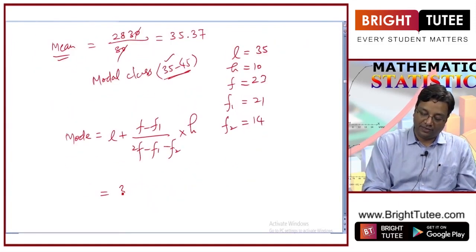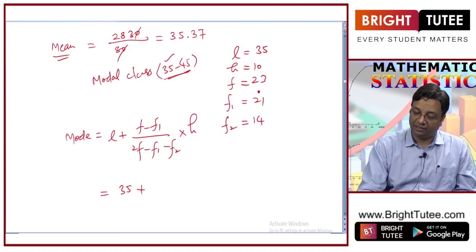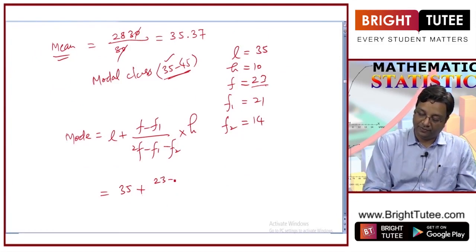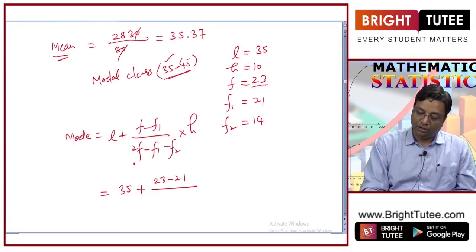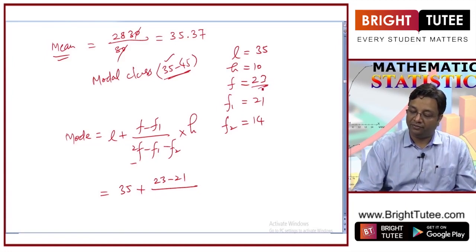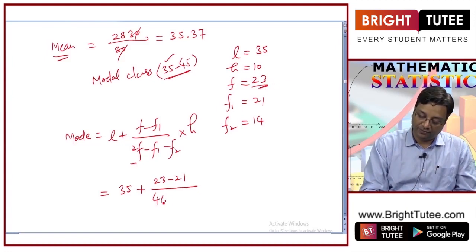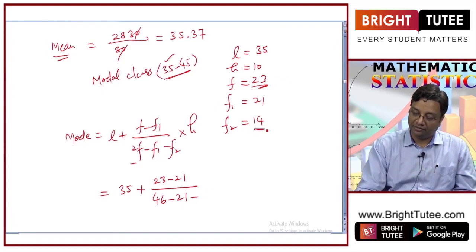So, l is 35, f minus f1 is 23 minus 21, 2f, that is twice of f, is 46, minus f1, that is 21, minus f2, that is 14. Okay.